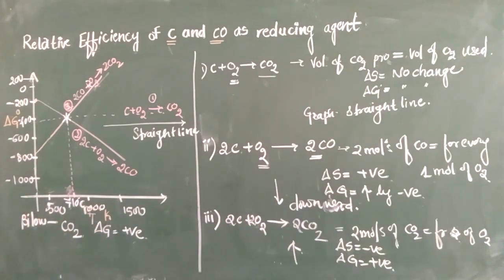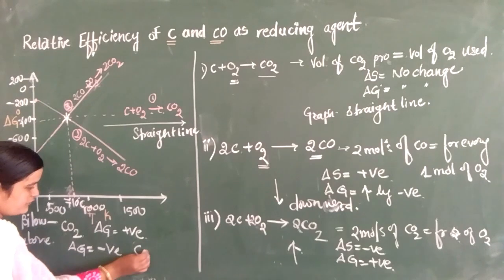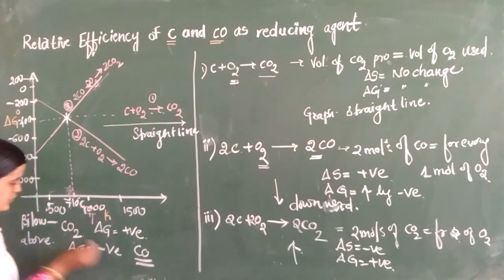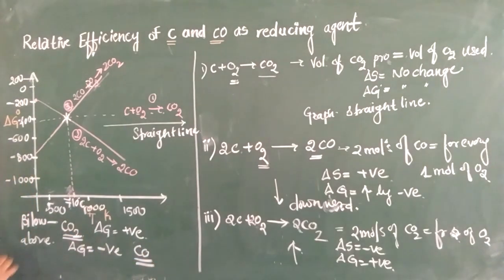Above 710 degrees Celsius, the delta G value is negative for formation of CO, carbon monoxide, and here carbon dioxide.